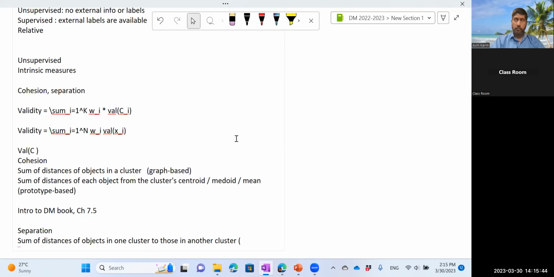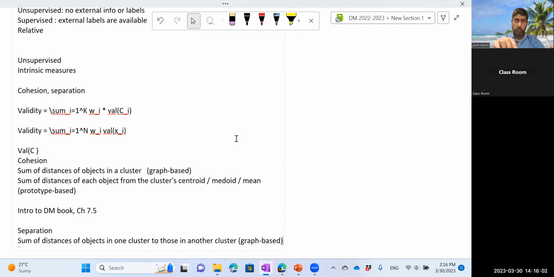So this would of course be based on graph based notion of clustering, because आप assume करें each object is a node, and if two nodes are connected, there is an edge in the graph. So this is one way of quantifying separation.